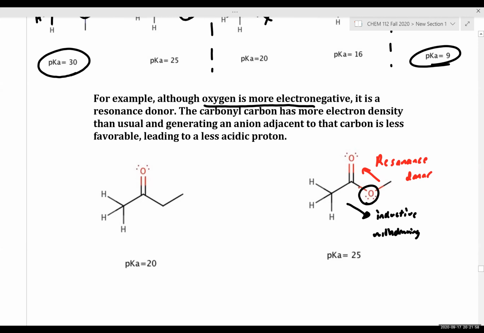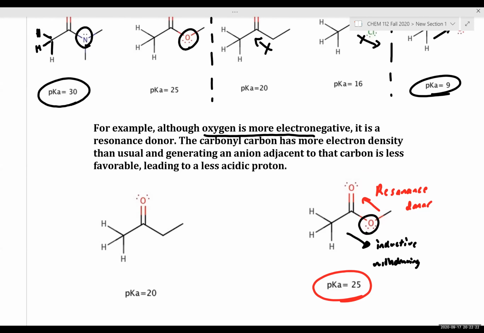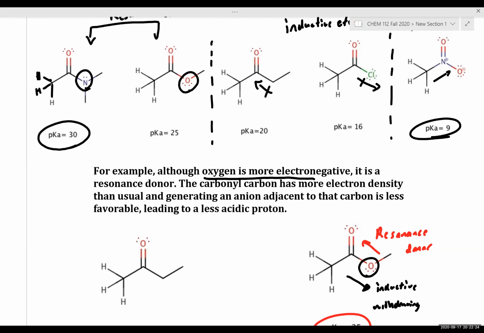And this donor effect wins out over the inductive effect. And that's why this ester proton is less acidic. So in general, resonance donation effects will trump inductive effects for conjugated atoms. And that's in general, because as we see, we observe the same effect when we have an adjacent nitrogen group. Pretty cool, right?